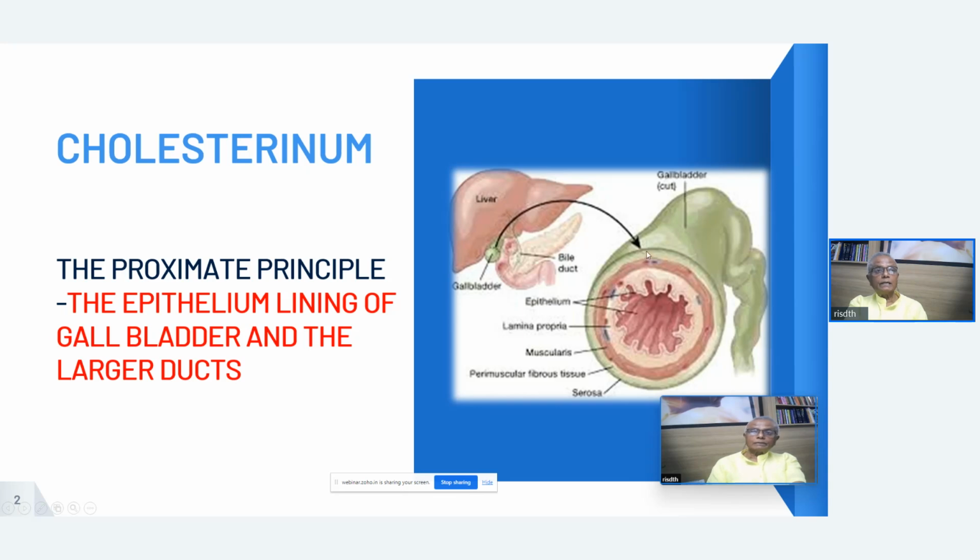This outer lining is called the epithelial lining, and it has been potentized and developed as a homeopathic medicine. So this is basically the epithelial lining of the gallbladder as well as the large ducts.